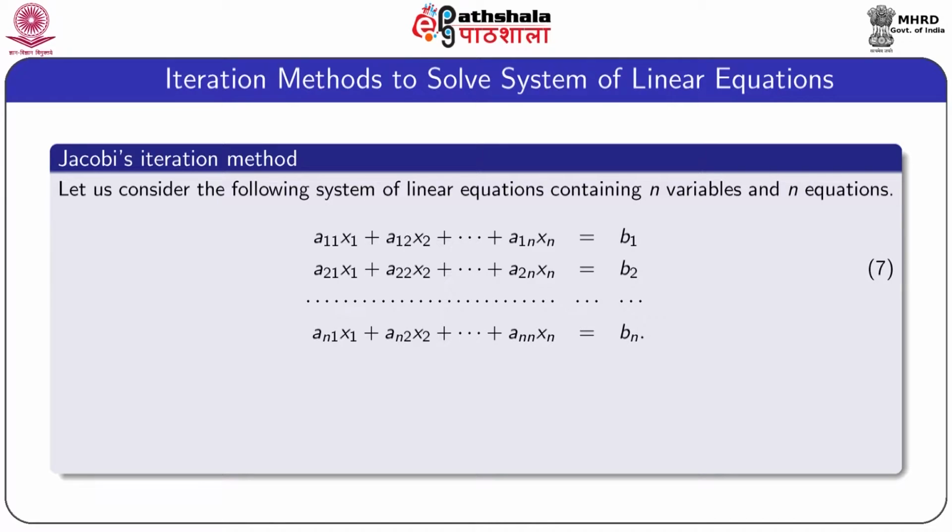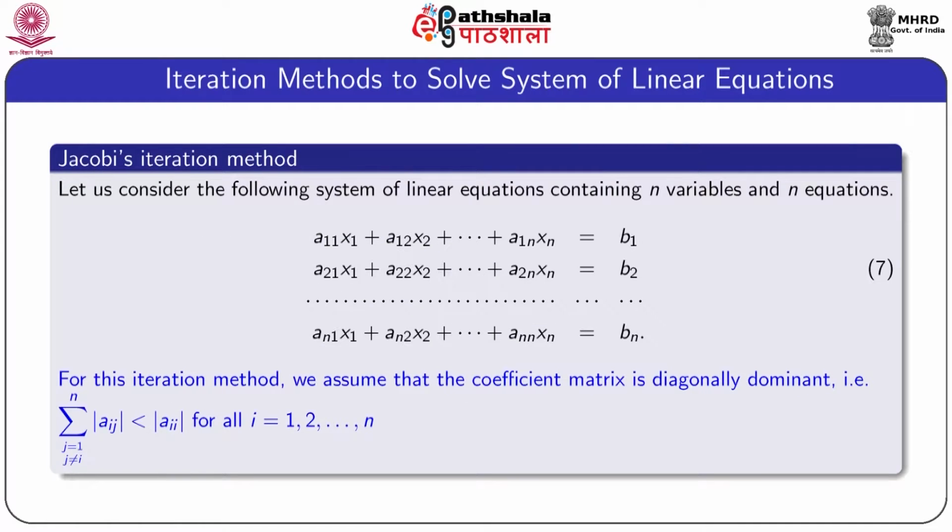Now, we describe Jacobi's iteration method to solve a system of equations. So, this is the system of n equations and n variables. For this iteration method, we assume that the coefficient matrix is diagonally dominant. This is the sufficient condition for the convergence of Jacobi's iteration method.